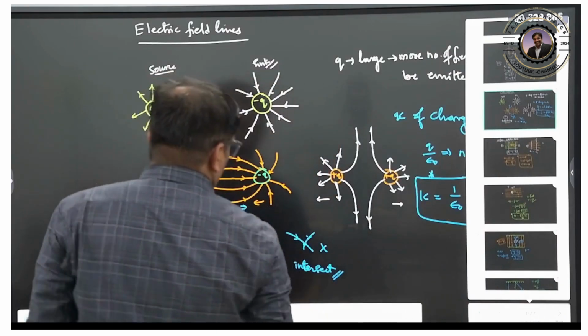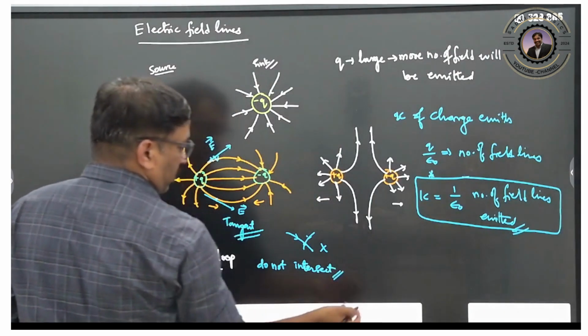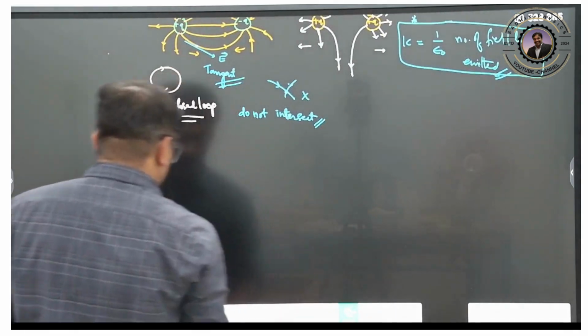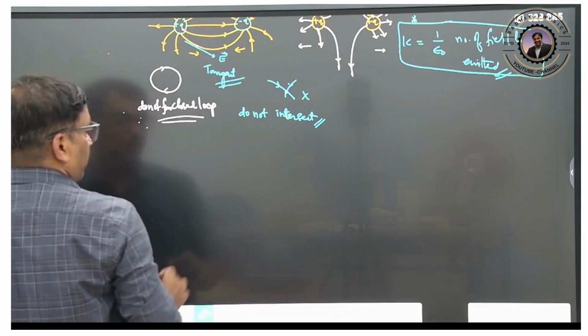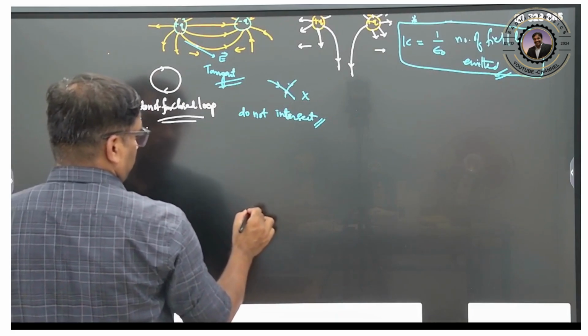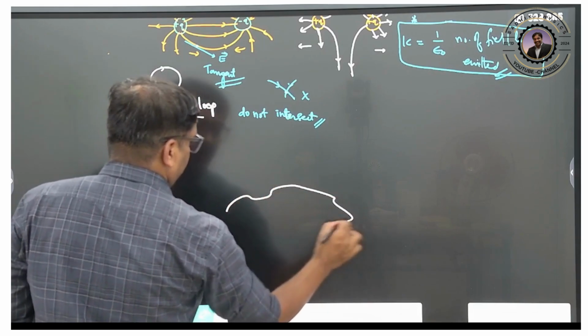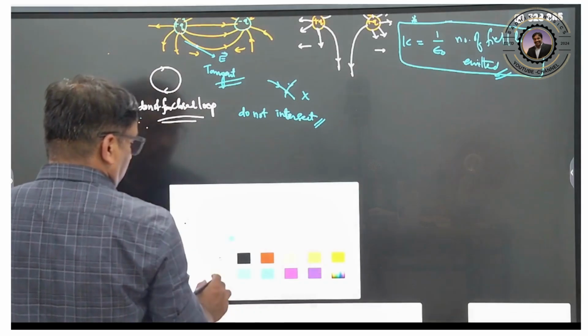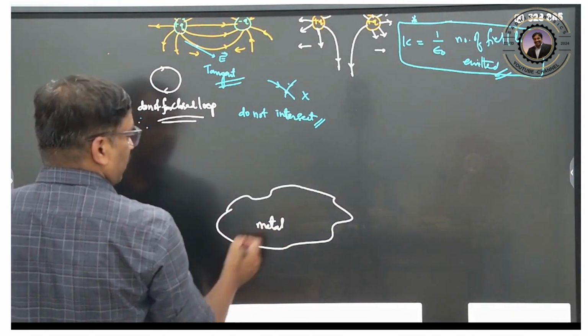I thought of discussing this when discussing potential, but here, if there is a metal, suppose this is one metal, what will happen? This metal is nothing but a conductor.